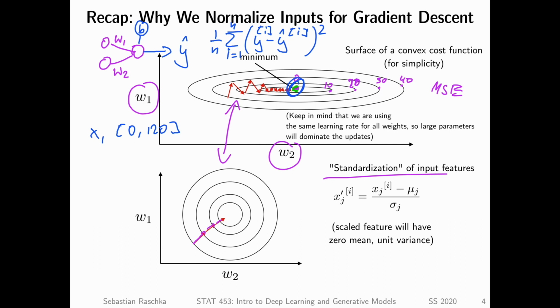So the standardization that we have used before is simply, what we do is we subtract the training set mean for a given feature. So j is the feature index, so the jth feature. So we subtract the mean and divide by the standard deviation.